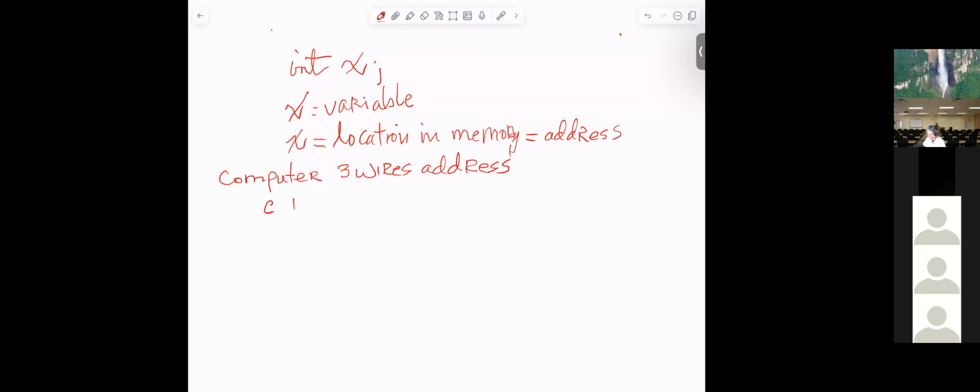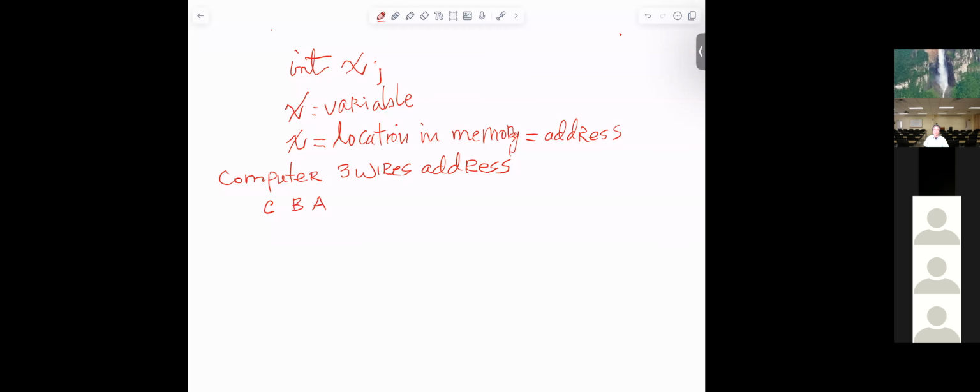C, B, A. If you understand that one, you can understand the computer we're using right now, not 3, 64.